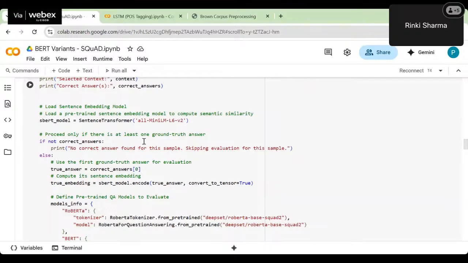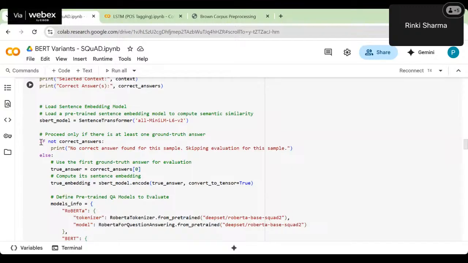I have already told you that the data set consists of both answerable and unanswerable questions. So there is an if-else condition. The question is only processed if it is answerable. If the correct answer is not found in the sample, we skip this question and try to choose another random sample from the test data.